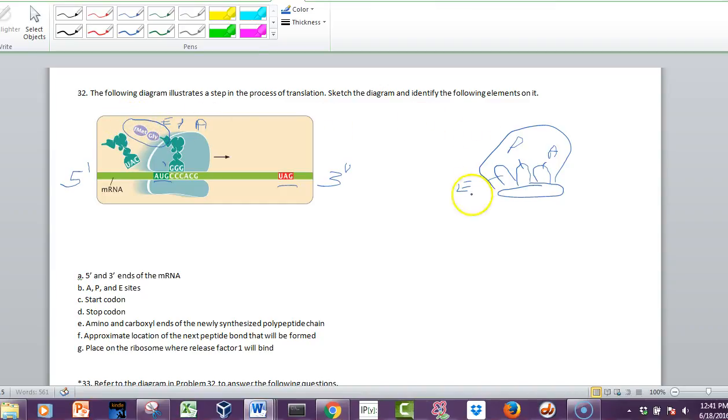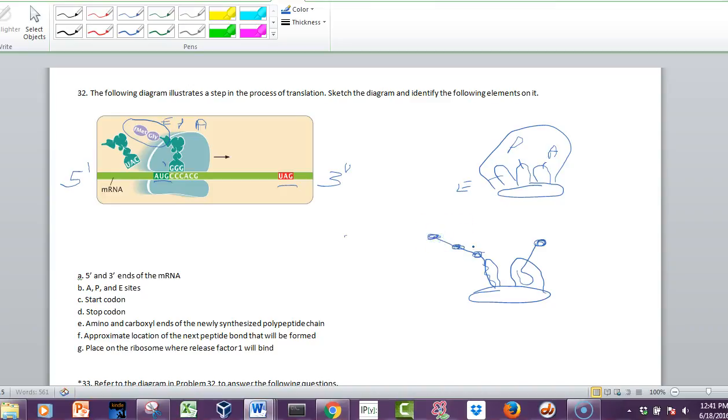And the way that translation works is, if we've got a ribosome, and we've got a tRNA in here, and we've got an amino acid on there, and then we've got another tRNA in here, and this thing is growing.